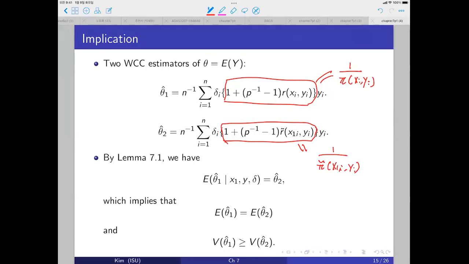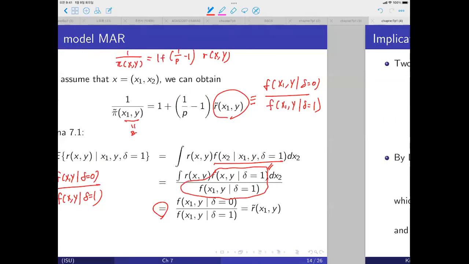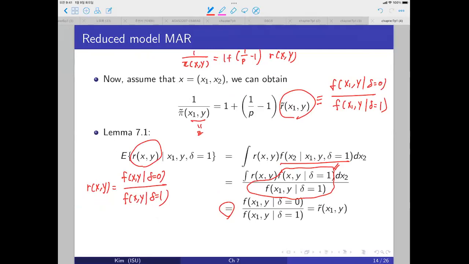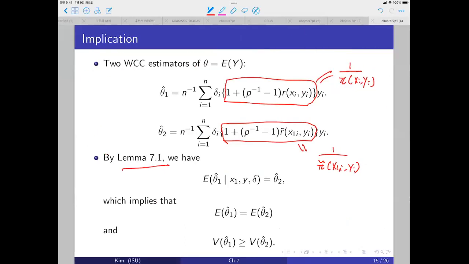So then it turns out that because of lemma 7.1. So lemma 7.1 means what? The relation between the full sample density ratio and the reduced model density ratio. And this one is actually a conditional expectation. So basically, this guy is a conditional expectation of this guy, which is basically this result.